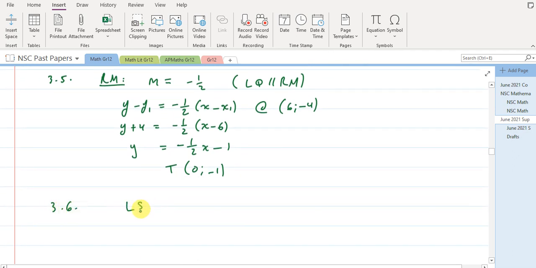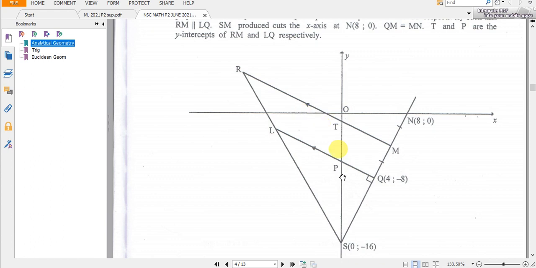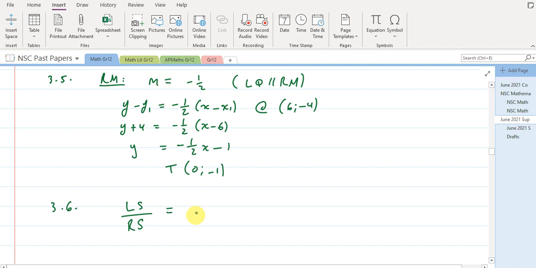3.6, you can say LS over RS is equal to, just open another. Alright, so what we're saying, LS over RS is equal to QS over MS, and that is the proportionality theorem.